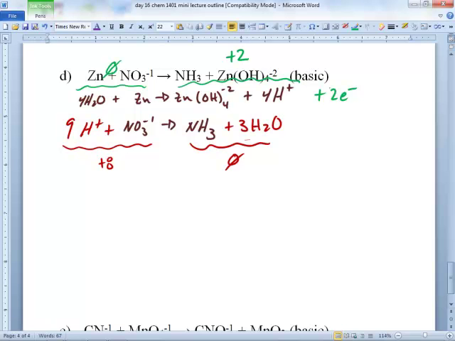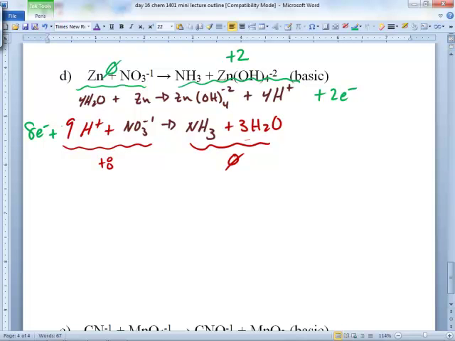Our charge isn't the same on both sides, so we have to balance it by adding e minuses, electrons, over here to the reactants. If you added just 1, it's only going to bring it down to a positive 7. Add 2, it'll bring it down to a positive 6. See the game? Not 1, not 2, but 8. Make sense? You have to add 8 negatives.